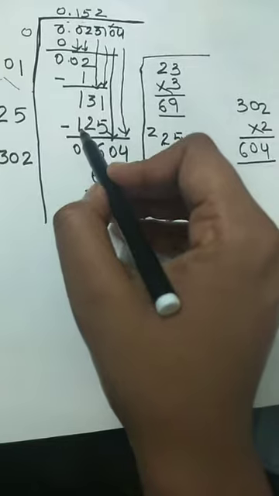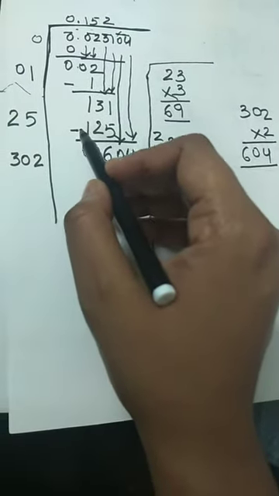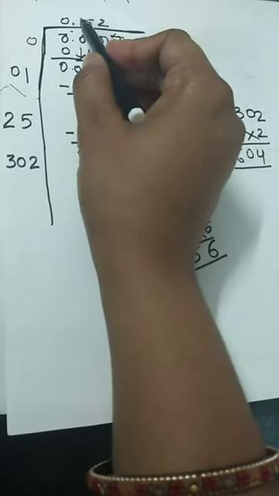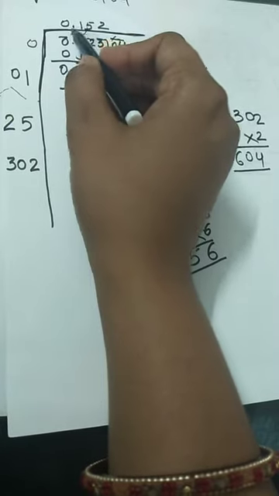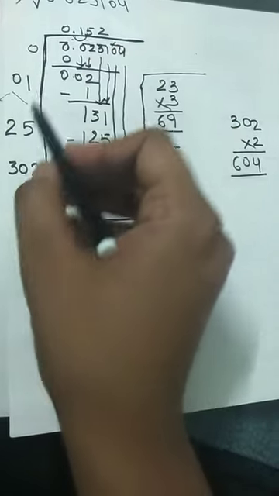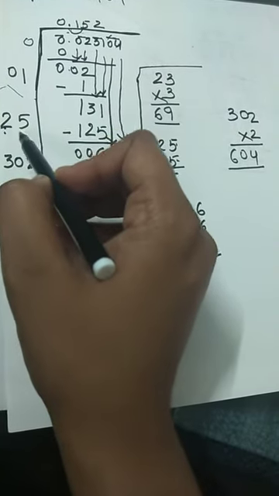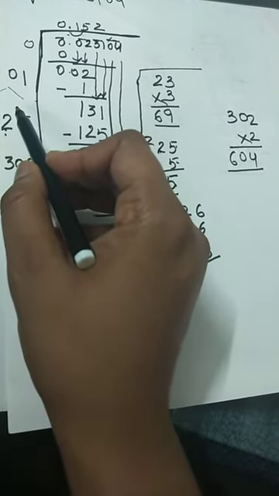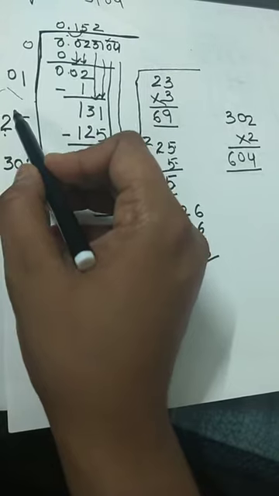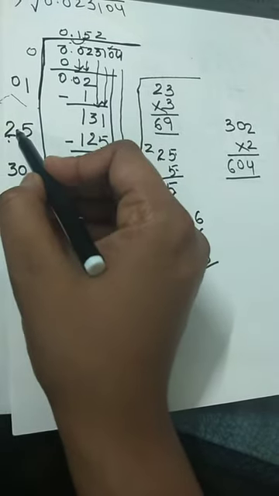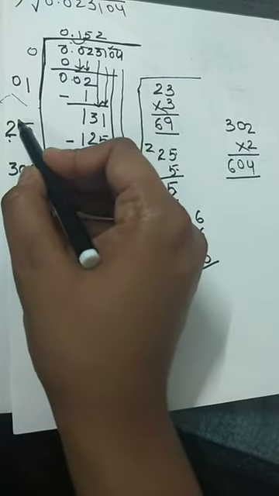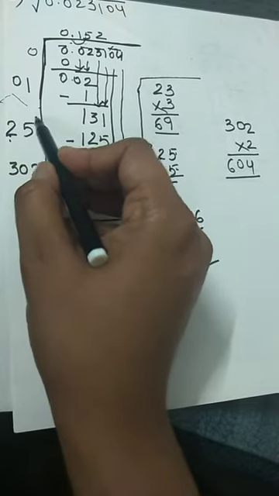Next, we will double this 1 and we will write 2 here, and again we have to think of a square number. In this division method, we have to read the table of the square numbers only.